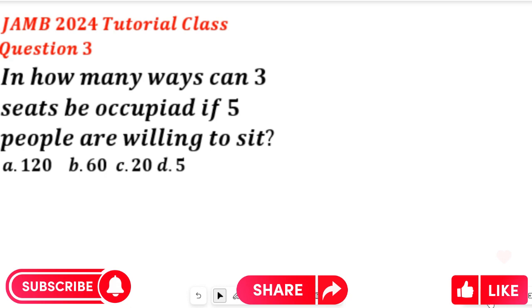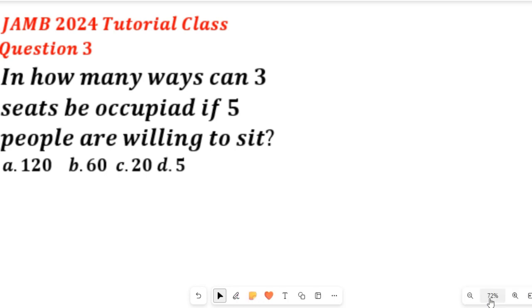Remember, in permutation, order and sequence are very important, and permutation has to do with what? Arrangement. In this question, you are not asked to select, you are not asked to choose, so your mind should be telling you that this is a question on permutation.